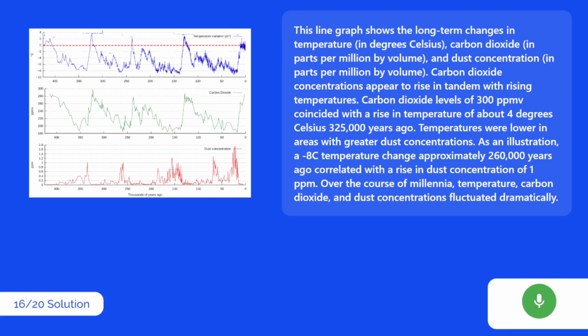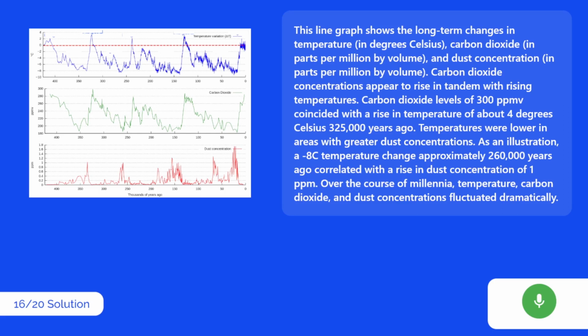This line graph shows the long-term changes in temperature, in degrees Celsius, carbon dioxide, in parts per million by volume, and dust concentration, in parts per million by volume. Carbon dioxide concentrations appear to rise in tandem with rising temperatures. Carbon dioxide levels of 300 ppmv coincided with a rise in temperature of about 4 degrees Celsius 325,000 years ago.